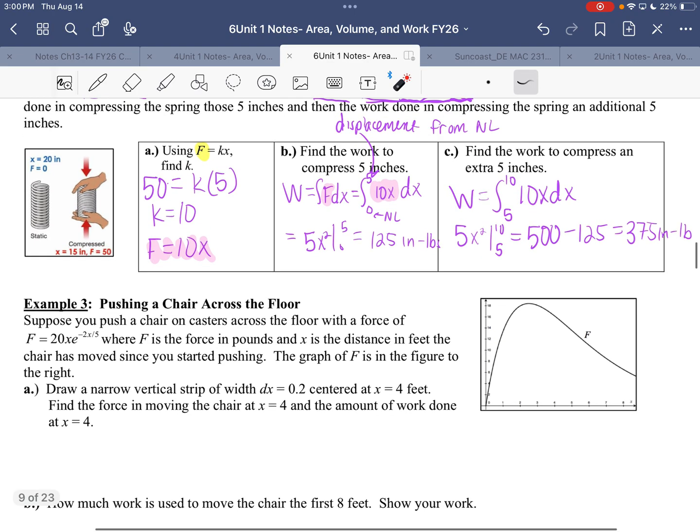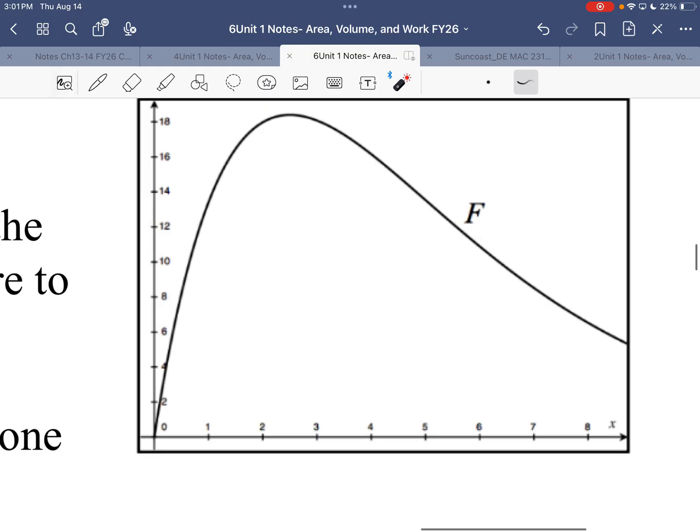Okay, so we have this chair, and I'm pretty sure they just waxed the floor here because before, you had to really push it to move it anywhere, and then all of a sudden now it's easier to move. So we're going to try to find the force at exactly 4. Draw a vertical strip at 4, and the scaling is crazy.